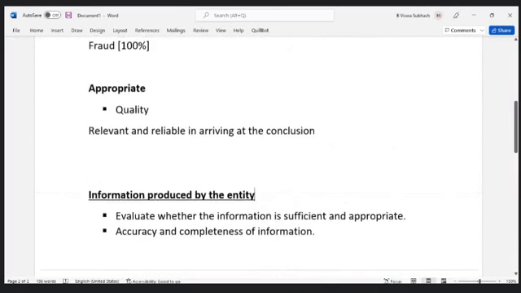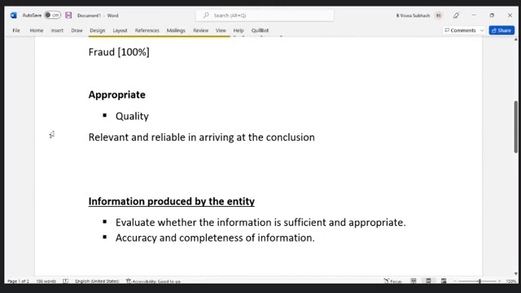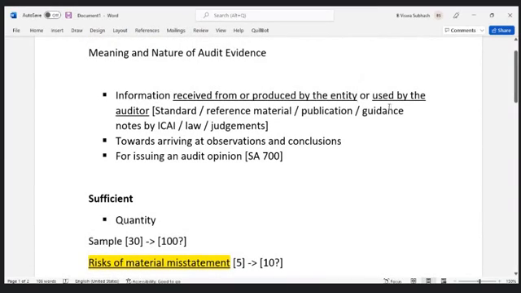So audit evidence: the meaning or definition of audit evidence is information received from or produced by the entity. Produced by the entity means we have seen that it has to be appropriate and sufficient. Only then you can consider it as information produced by the entity or information used by the auditor.